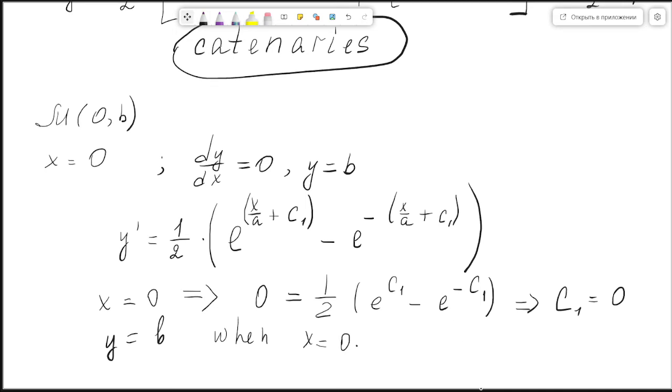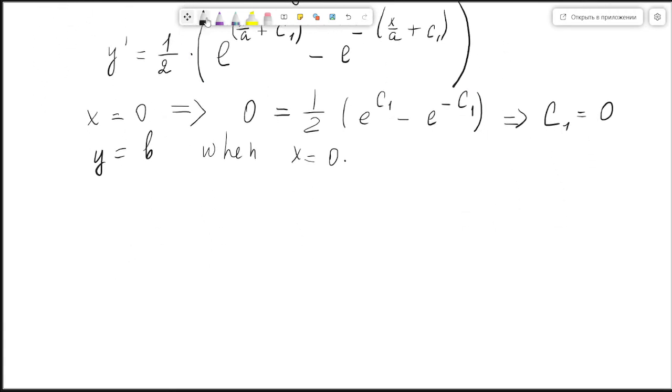From equation 7 we get b equals a over 2 times 1 plus 1 plus c second, assuming x is 0 and c first is 0.